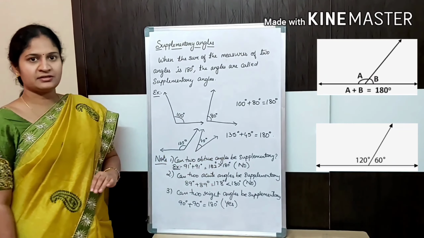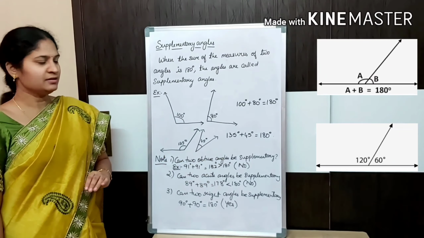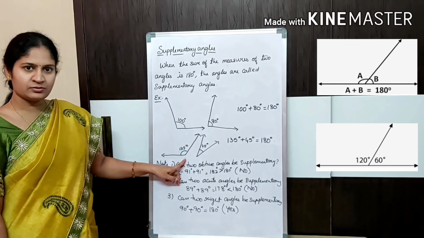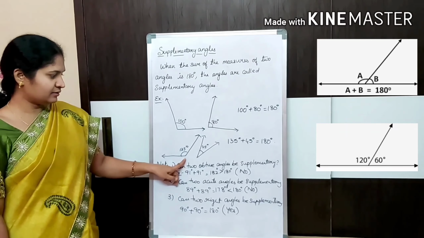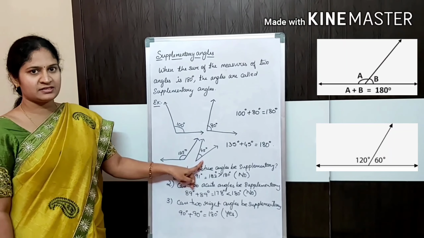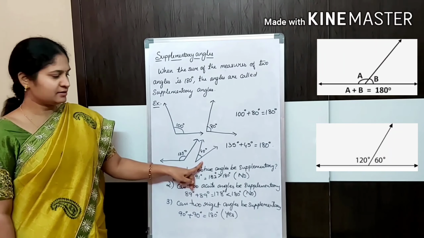If you observe here, children, one angle I am taking as an obtuse angle and one angle as an acute angle. Similarly here also, one angle is an obtuse angle, more than 90 degrees, and one angle is an acute angle, which is less than 90 degrees.